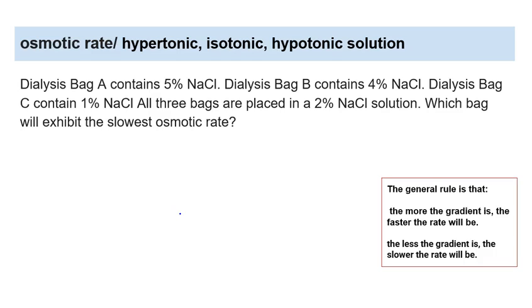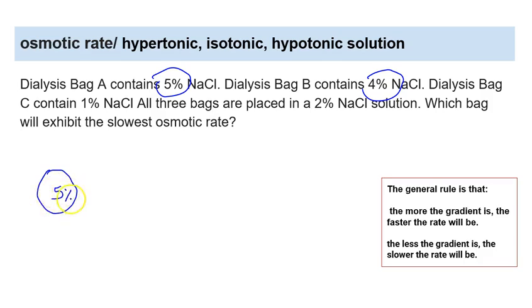Okay, so let's practice one more time. The osmotic rate, hypertonic, isotonic, hypotonic solution. We have a case: dialysis bag A contains 5% NaCl. We have another dialysis bag B, which contains 4% NaCl. And then the dialysis bag C contains 1% NaCl.